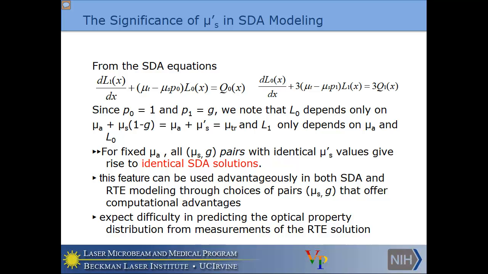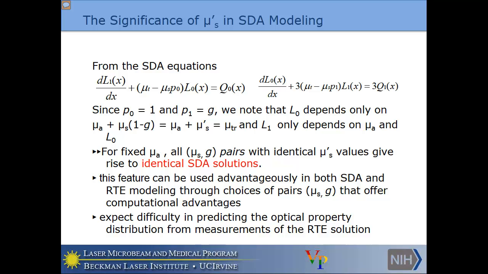And I told you earlier that this means that for any mu s, g pairs whatsoever, as long as the product of mu s and 1 minus g is fixed and held constant, you'll get identical SDA approximation solutions. So you can use that advantageously, and yet it offers a downside to the use of SDA.